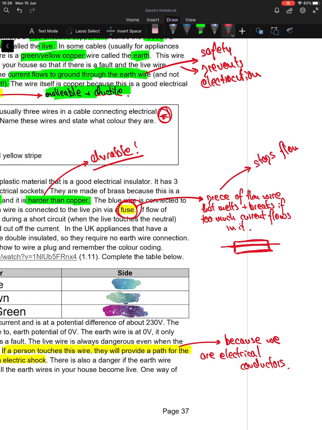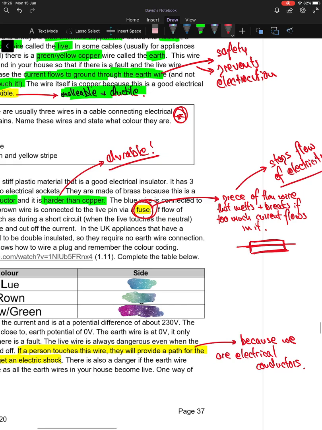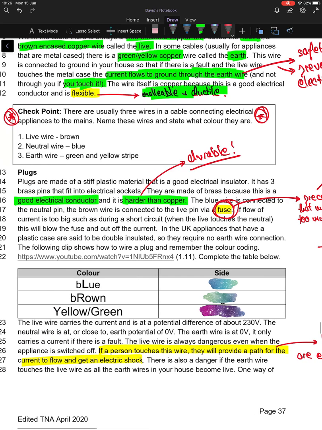And if this happens, it stops the flow of electricity if it's too high. If the flow of current is too big, such as during a short circuit when the live touches the neutral, this will blow the fuse, that's the phrase we're talking about, and cut off the current.